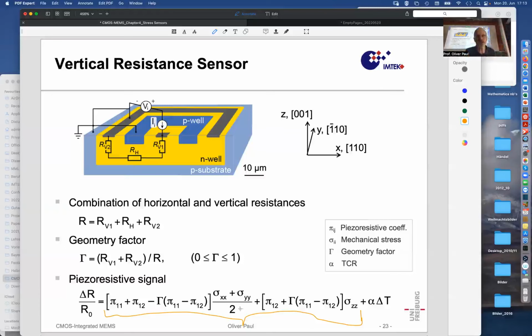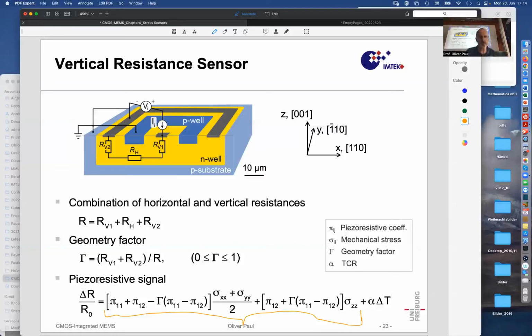Like we measure here one stress information in a pure way. It's kind of a fudged up combination of sigma xx, sigma yy, and sigma zz, but it's one clear piece of information.